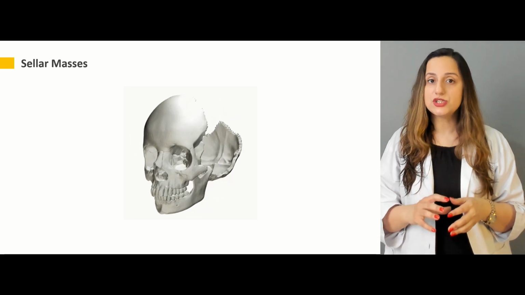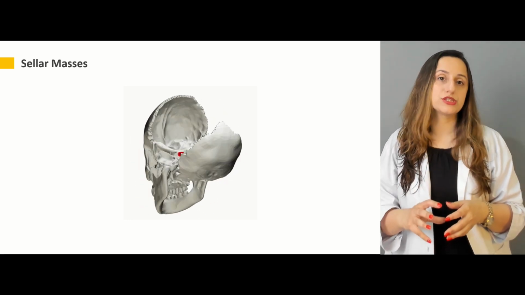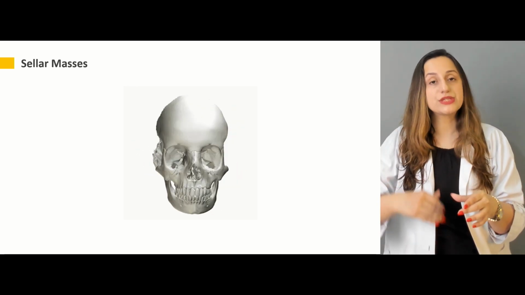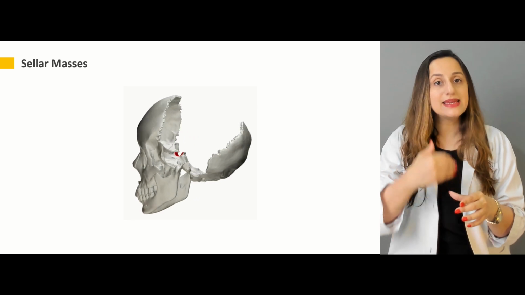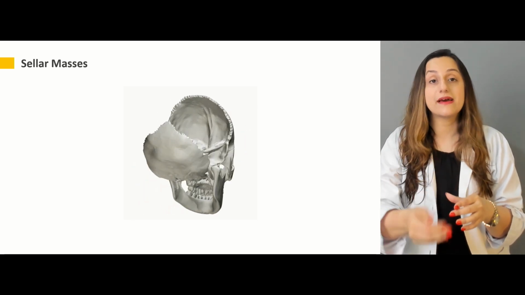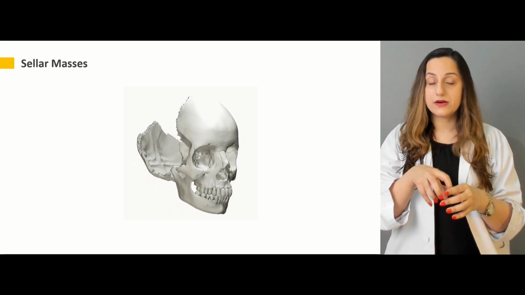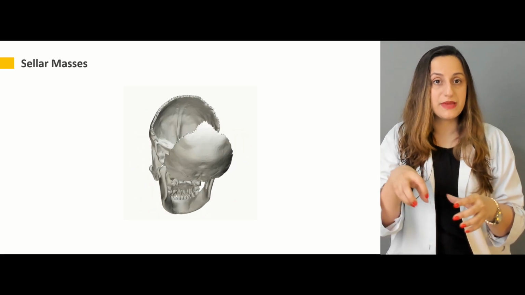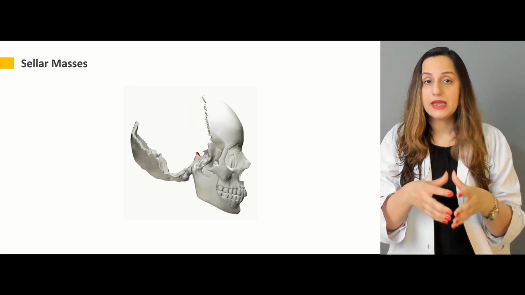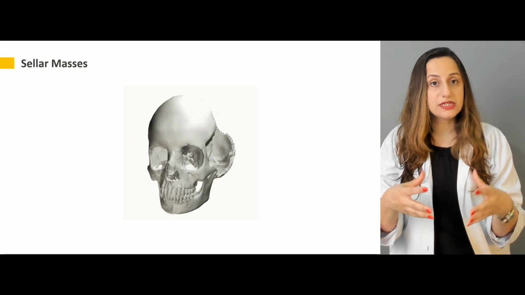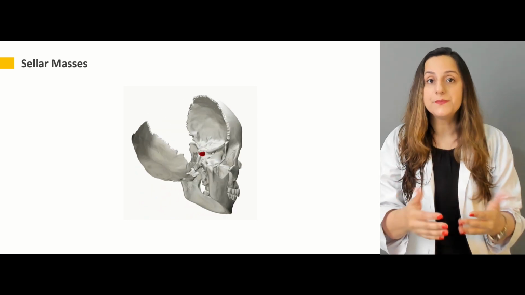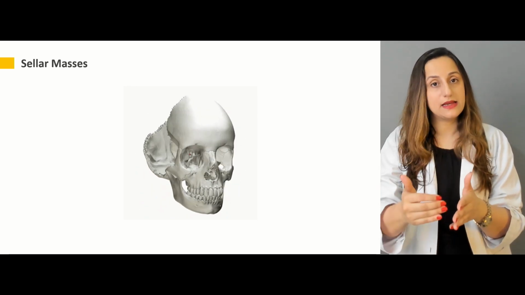So knowing these features is very important, that you know the exact relations of the sella turcica, what is residing inferiorly. We have the optic chiasma, and there can be specific pressure symptoms on the optic chiasma, which is the area in which the optic nerve is passing, present anterior to the dorsum sellae.